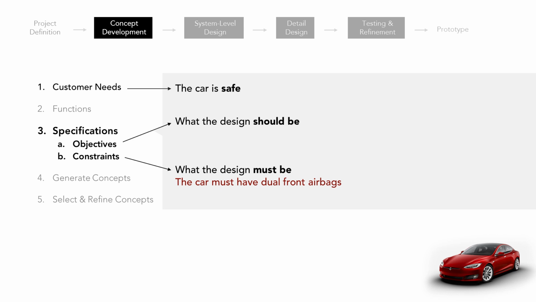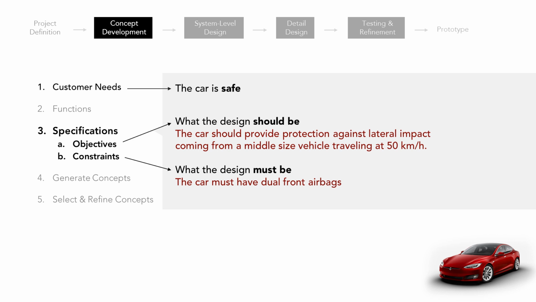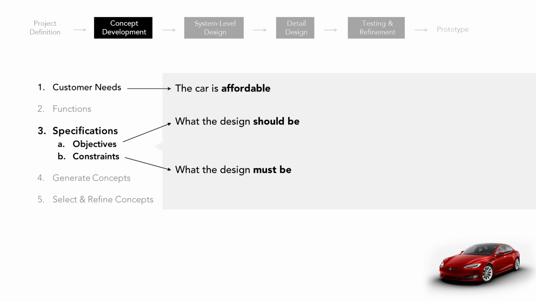But the Tesla engineers took safety to another level. They said, let's have protection against side impact as well. So they created an objective that could look like this one. It was not required by law, but it became a design target based on customer needs. Not all constraints come from rules and regulations. It can also be an ultimate limit to a specific characteristic.